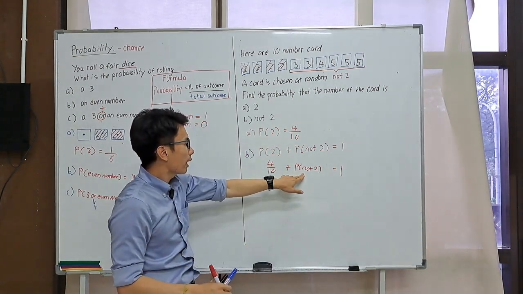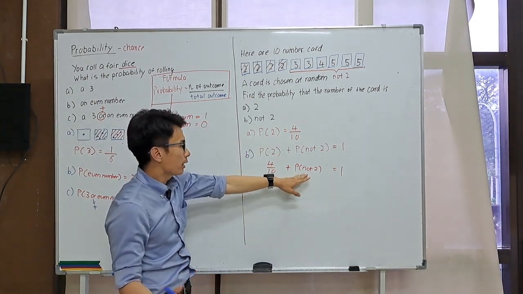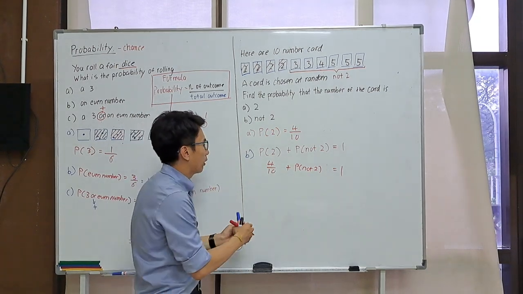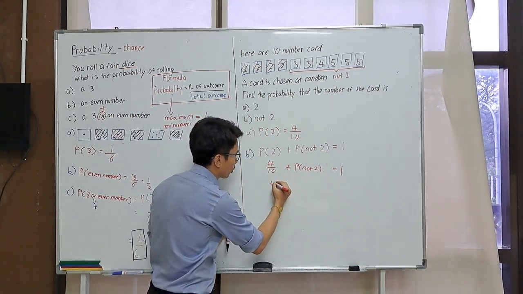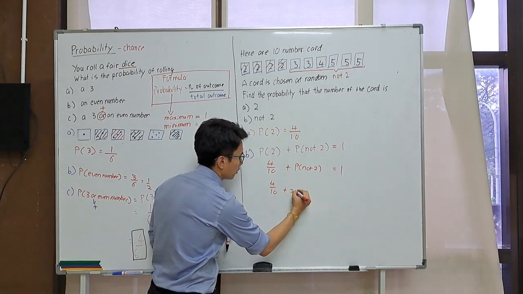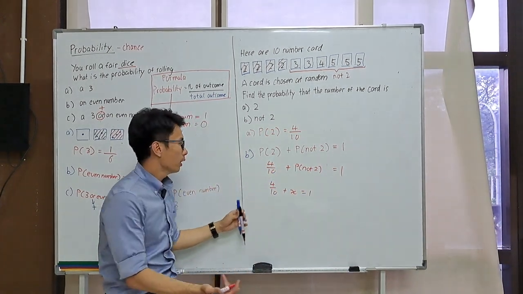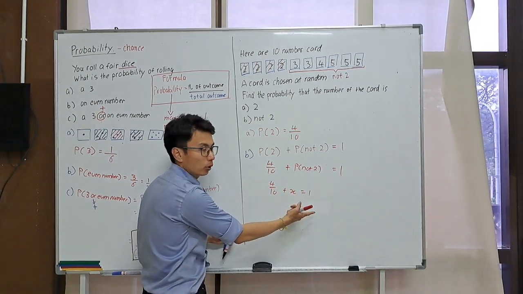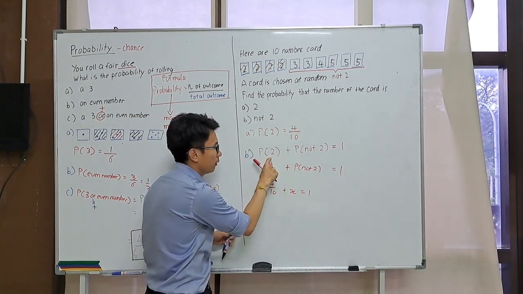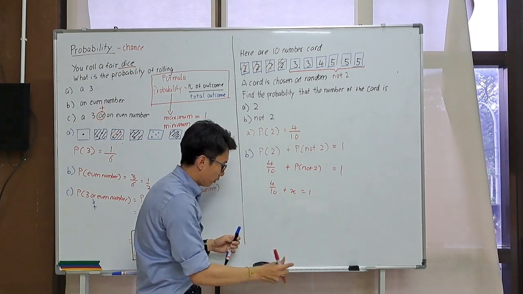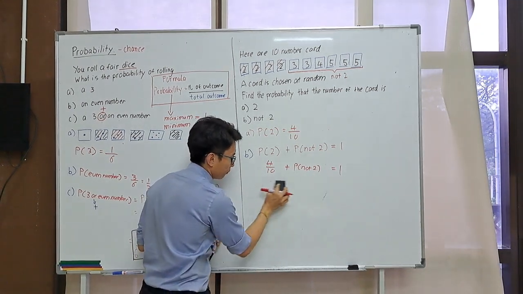So I do not know this guy over here, so what should I do? This again is just like my unknown. You will solve this like how you solve this question. It is an addition operation, so I will just take this number and move it over here.